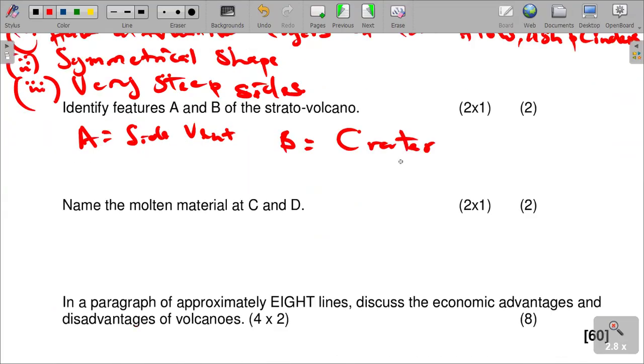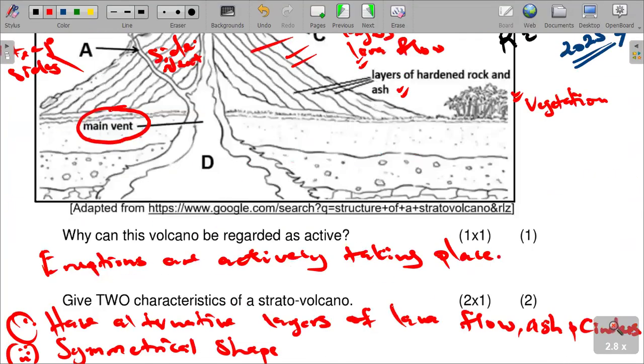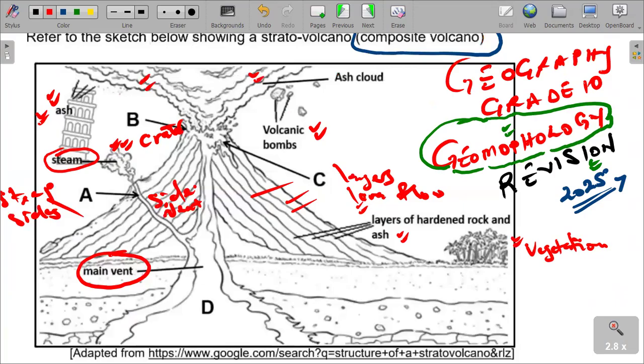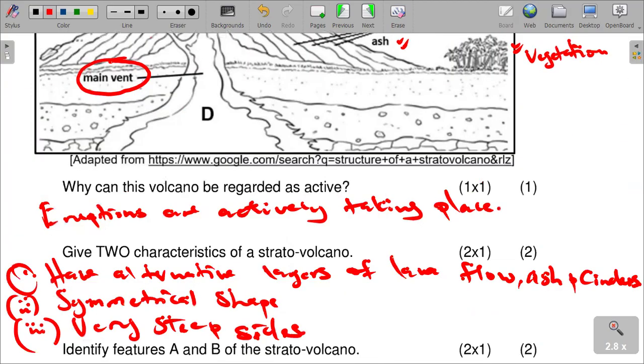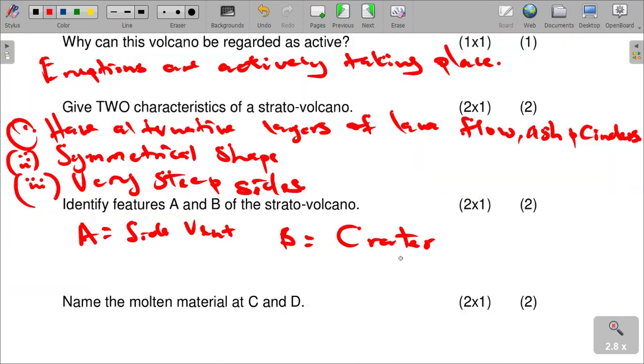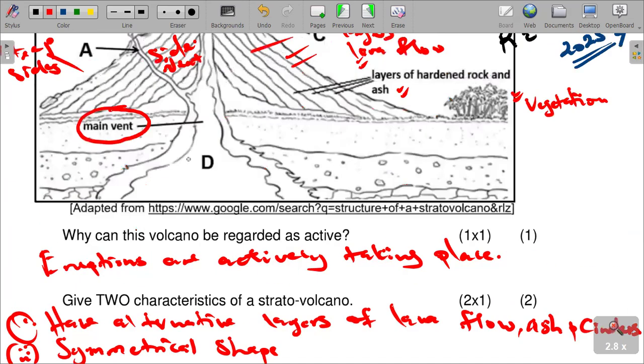Name the molten material at C and D. At C, where is C? C is actually on the Earth's surface. When it erupts, it is called what? It is called lava. And when it is inside the Earth, it is called magma. So this is magma because it is still under the earth, within the earth's crust.